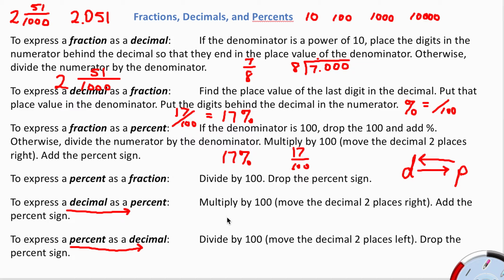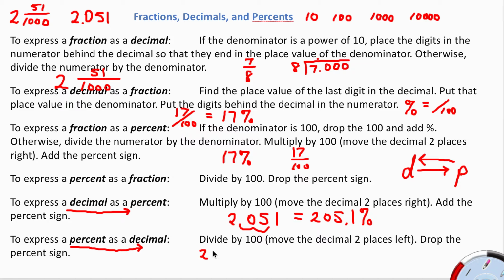So let's take that 2.051. This is a decimal number. If I wanted to make it a percent, I think, decimal to percent, I would go to the right 2 times. So that would be 205.1 and add the percent sign.